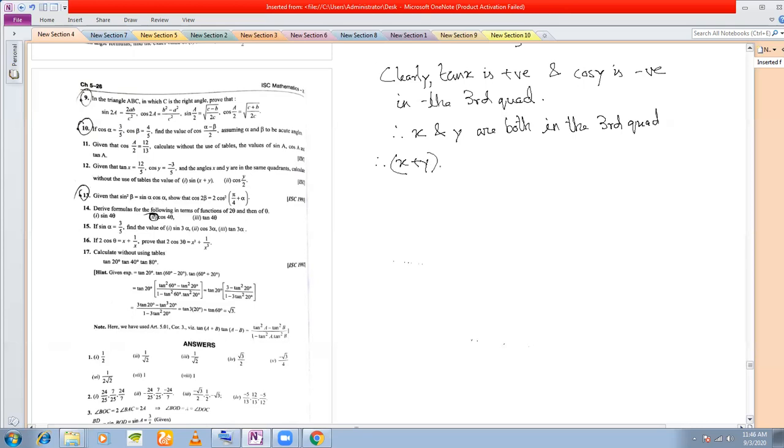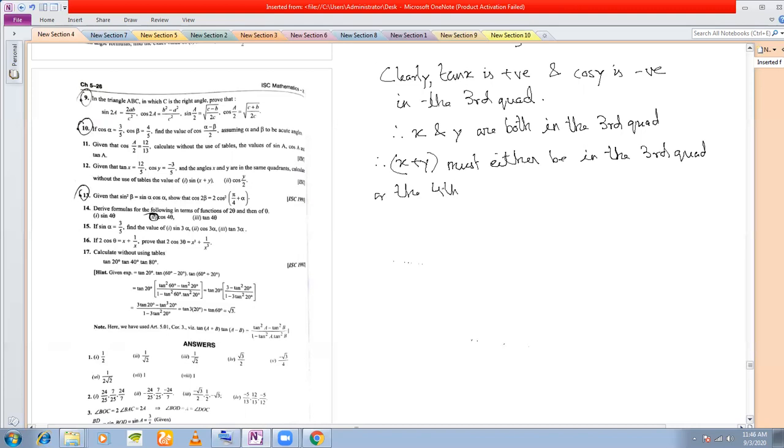If x and y are both in the third quadrant, then x plus y must be either in the third quadrant or the fourth quadrant.